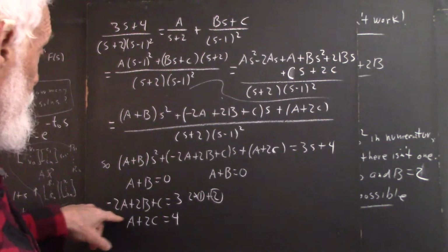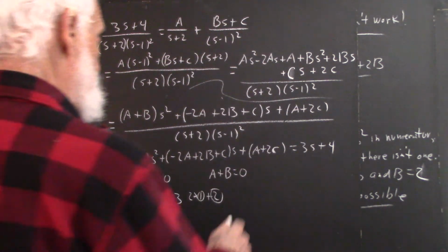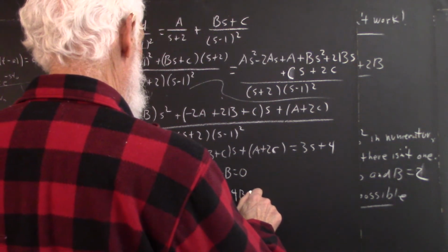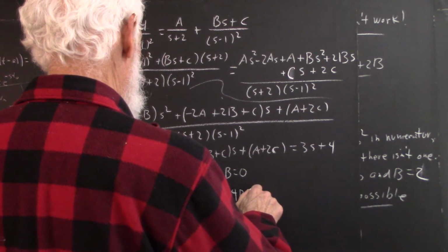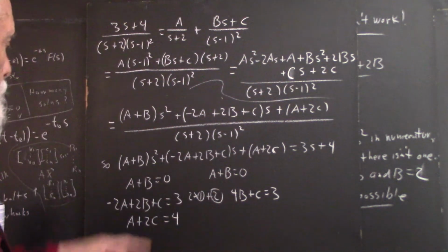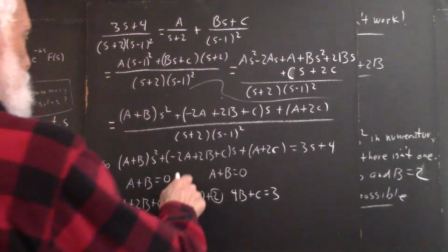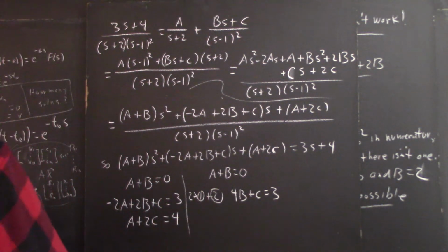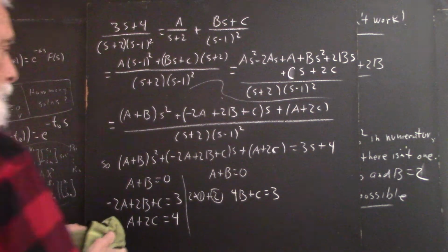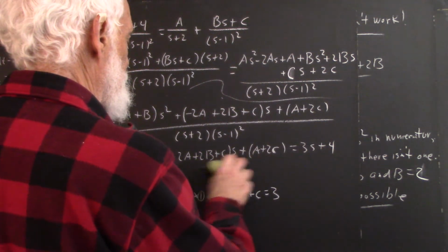Subtract the 2a, we get nothing. 2b added to 2b is 4b. Two times 0 is 0. Add that to 3, we still get 3. And I ought to align these equations a little better, so let me just rewrite my a plus b equals 0.